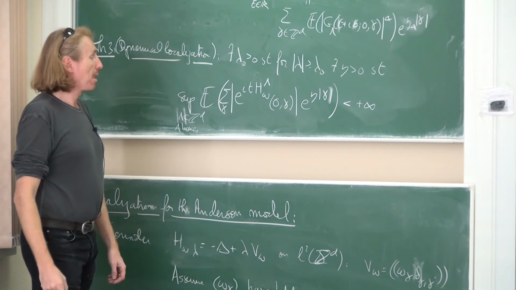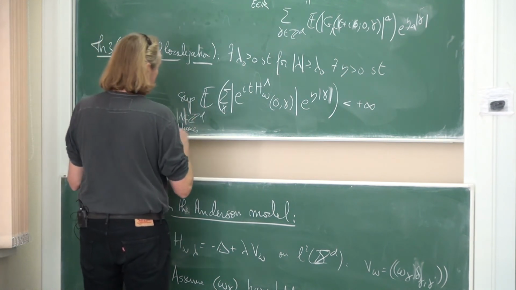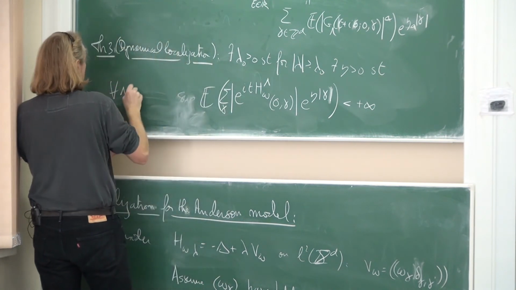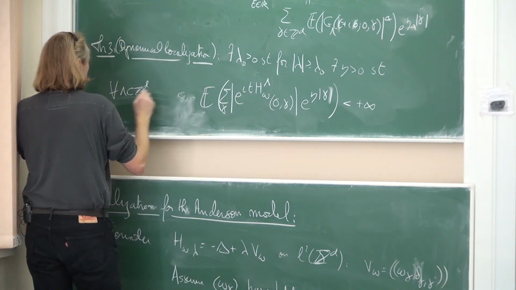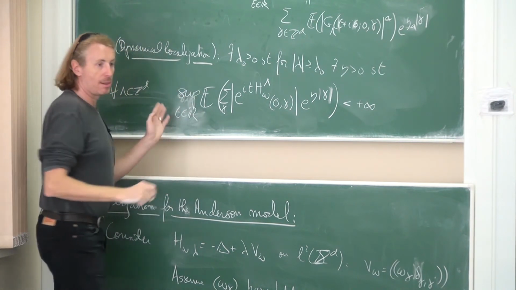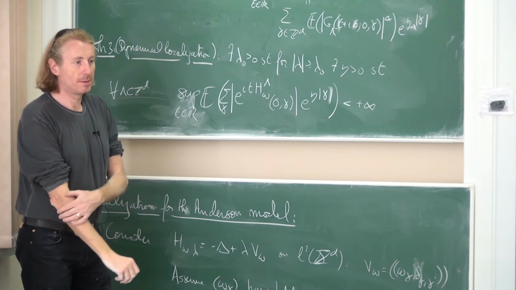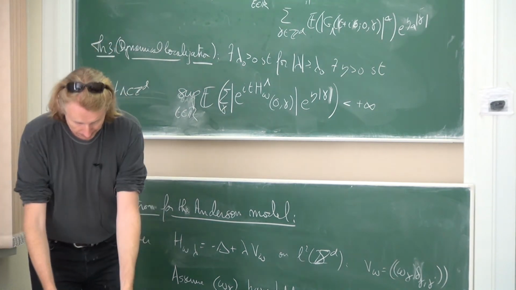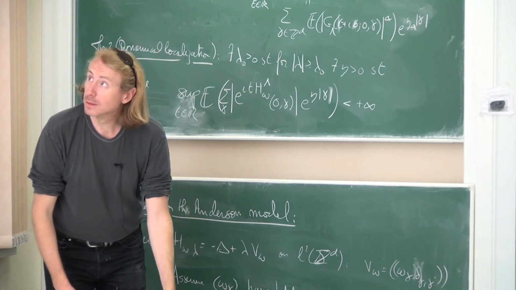For any t, I'm sorry, I forgot to take the sup over t. Let me write it for any lambda in Z^d, the sup over t real.